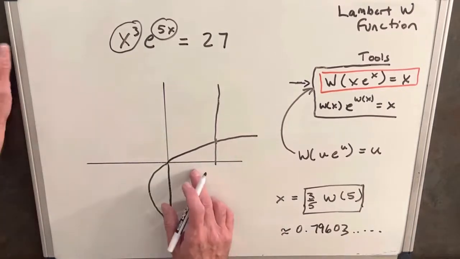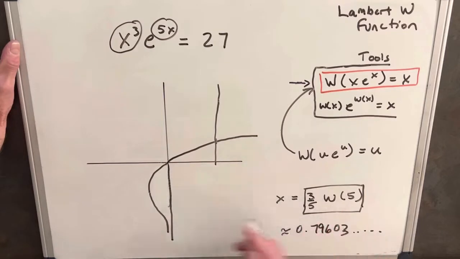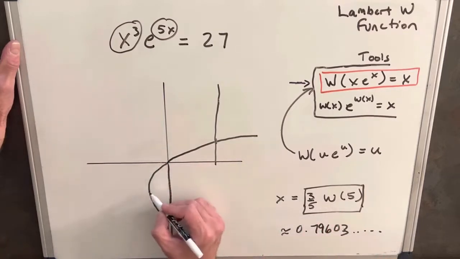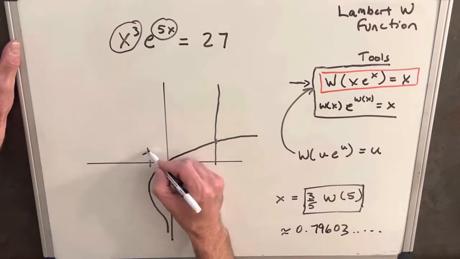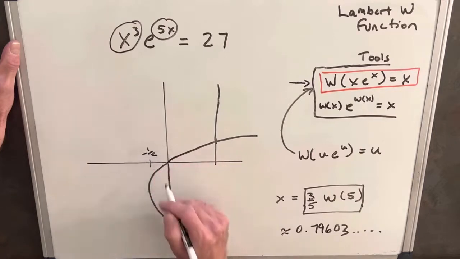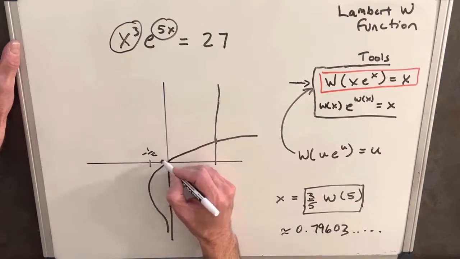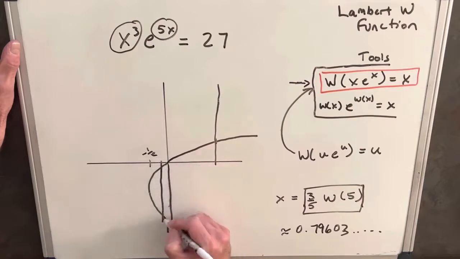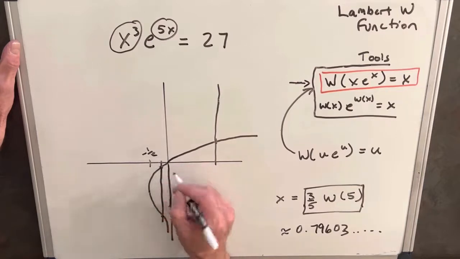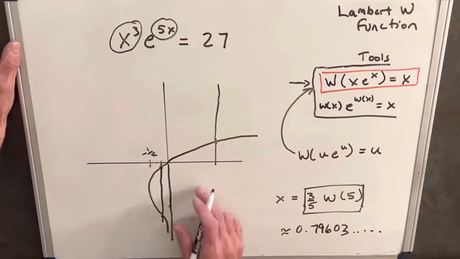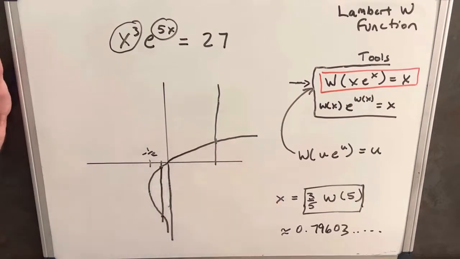The only time you have to worry about a second solution from the Lambert W function is in the negative area between 0 and this right here, which is minus 1 over e. So if you're in this area, that's when you get a second solution, right? Because let's say you're around here at minus 0.1, you end up with two points of intersection here. So this would represent two real solutions. But we're in this case here, so we only have one real solution.